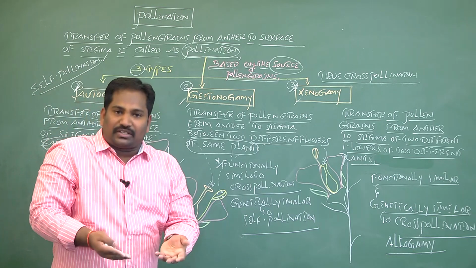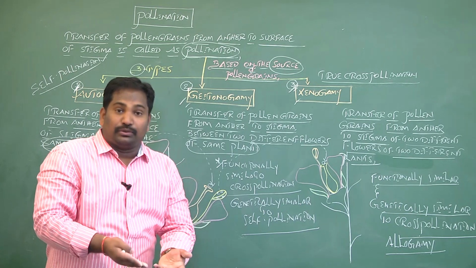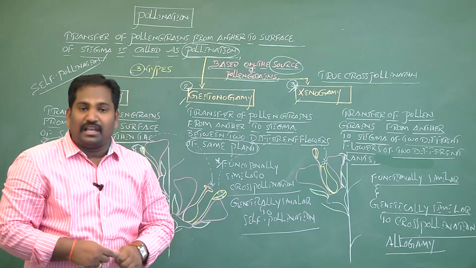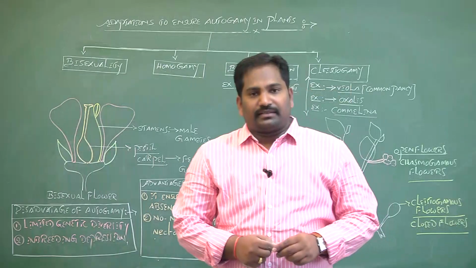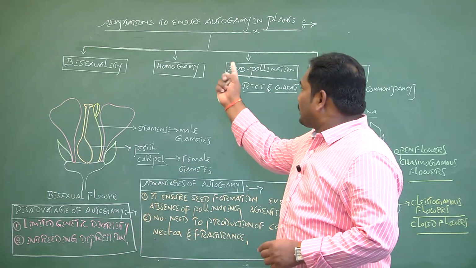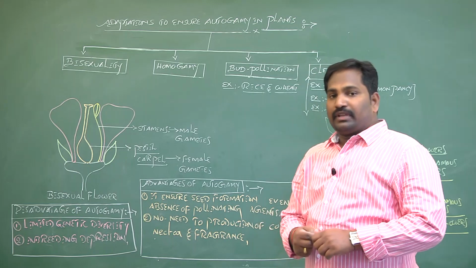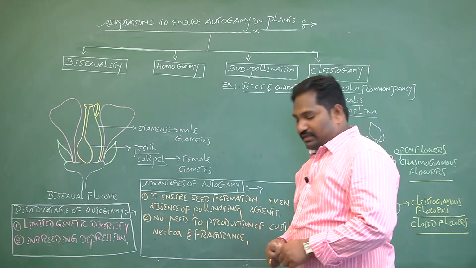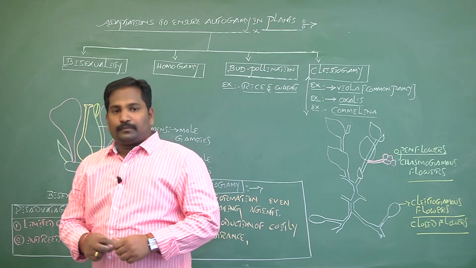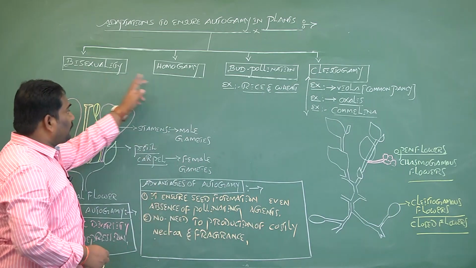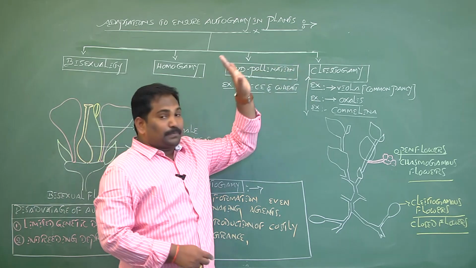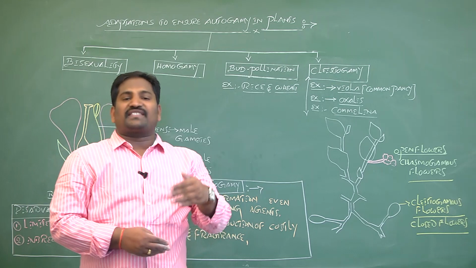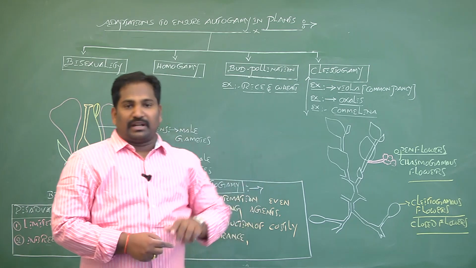What are the adaptations to ensure self-pollination or autogamy in flowering plants? Generally, there are 4 different types of adaptations to ensure autogamy or self-pollination in flowering plants.